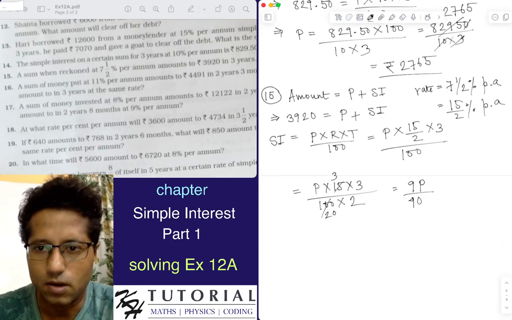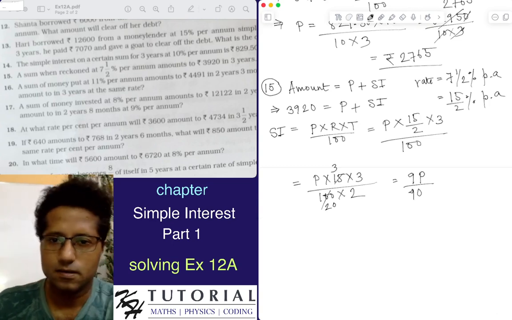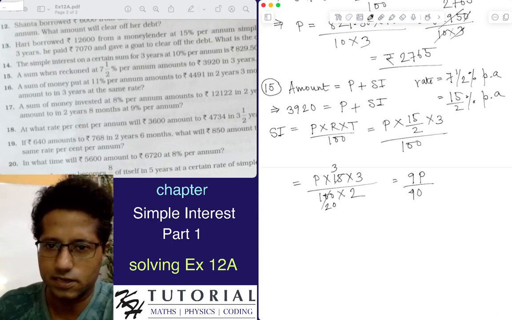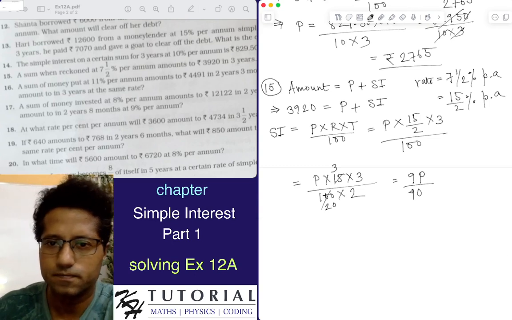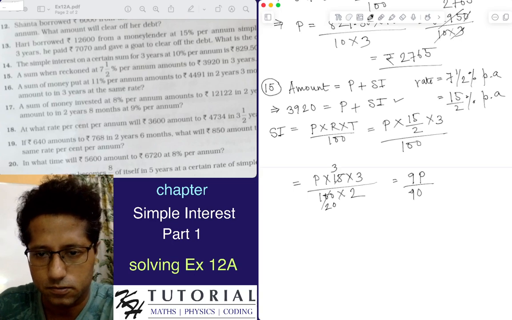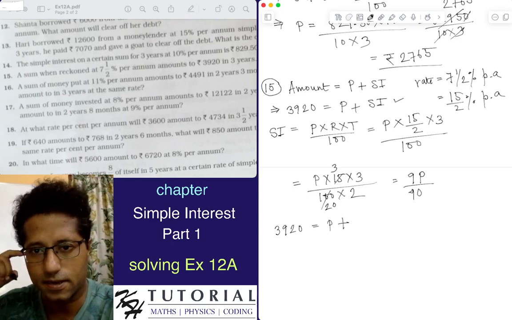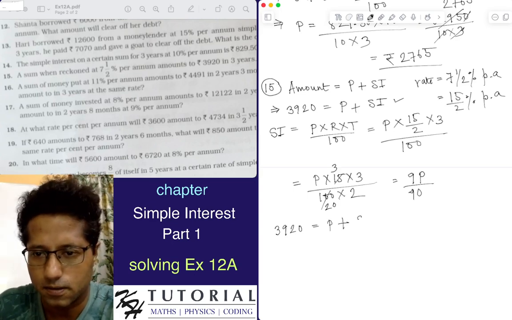Okay. Now, we substitute SI with 9P by 40 in this equation. We get 3920 is equal to P plus SI, and SI we have found to be 9P by 40.